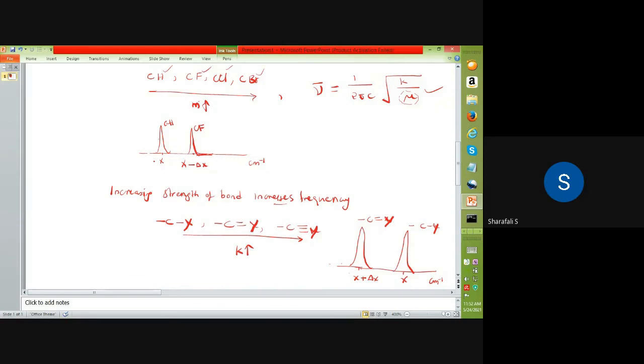So if you have increased bond strength, you will have a larger value of K, and you will have a higher frequency.